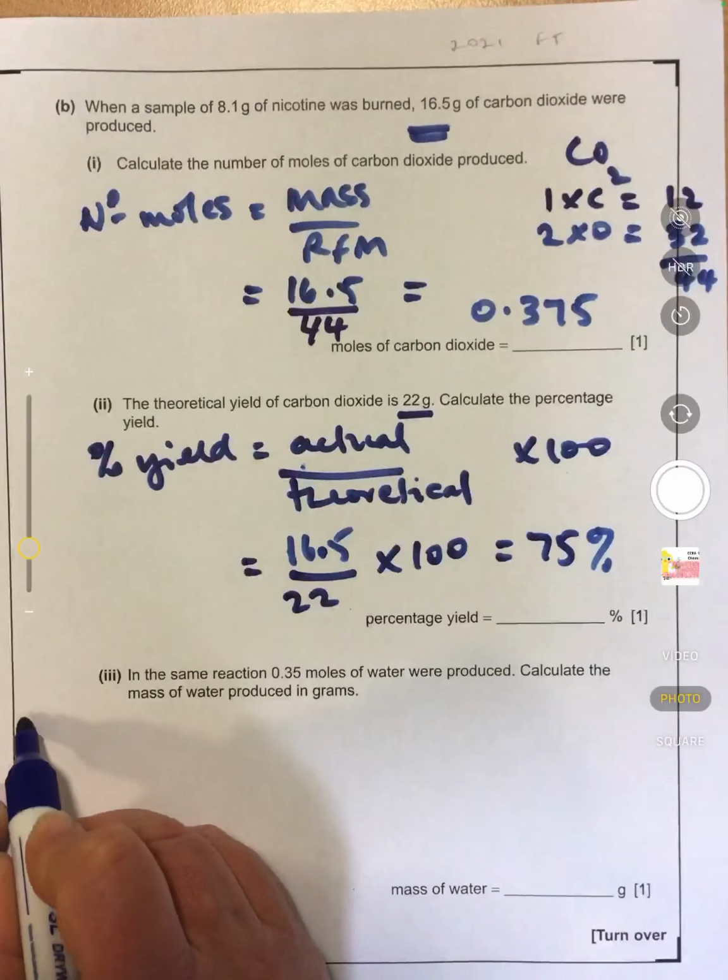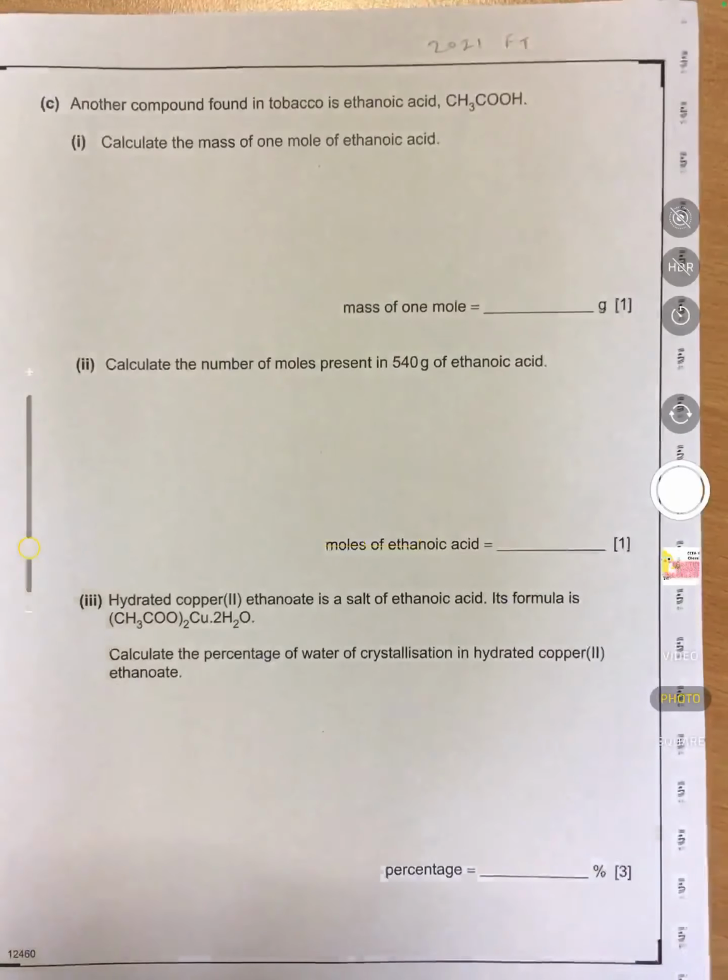It went on into part C, so I'm going to have a look at that now. Just change these around. In this section, it says another compound found in tobacco is ethanoic acid, which is CH3COOH. Calculate the mass of 1 mole of ethanoic acid. Effectively, you're just working out the formula mass here.